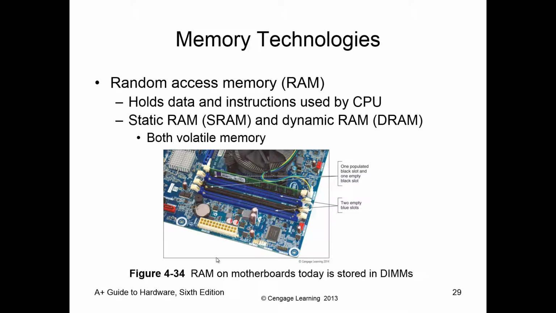Notice in the diagram we have two black slots and two blue slots. We kind of talked about our dual channel memory, but now we're going to start getting into it a little bit more. Dual channel memory is two matching memory slots, as long as the documentation supports it. It's two or more memory slots that are the same color working together.